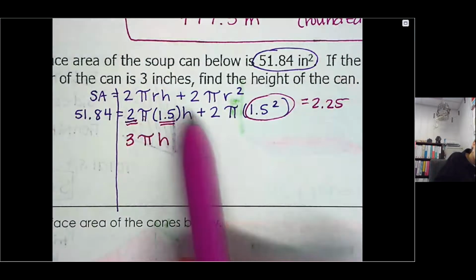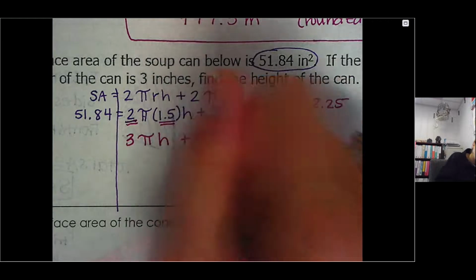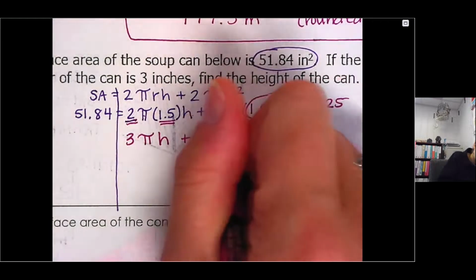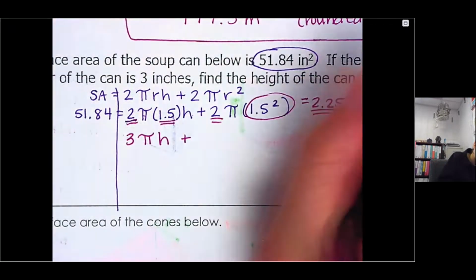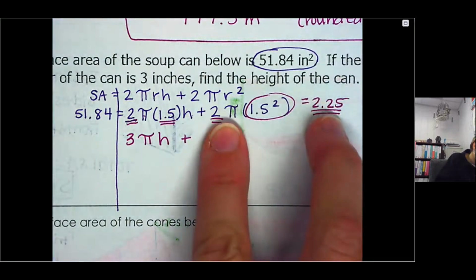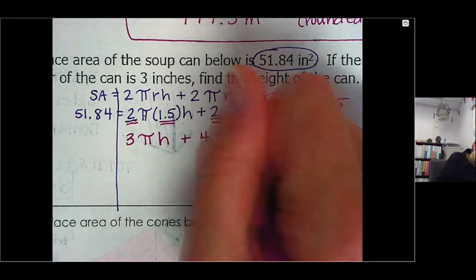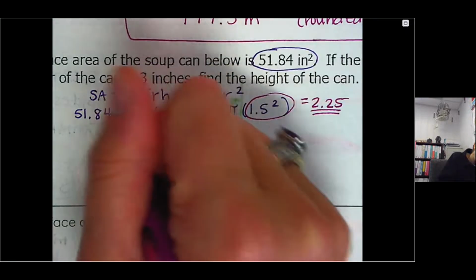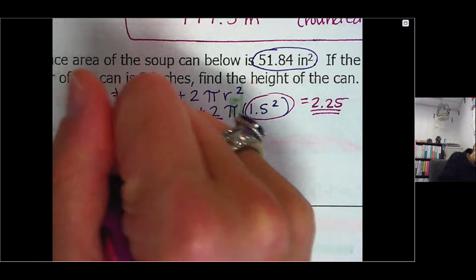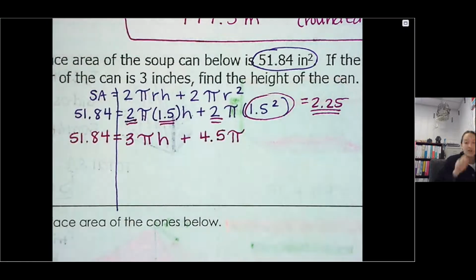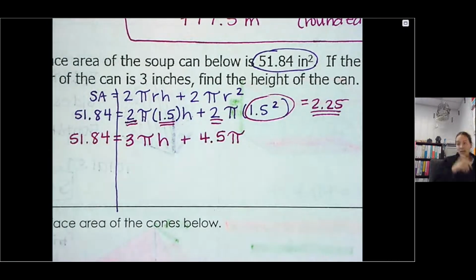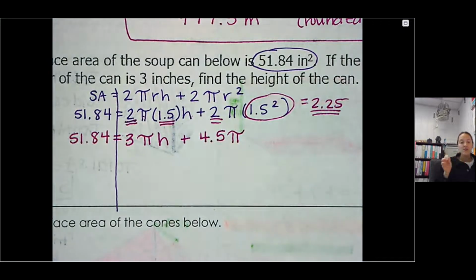Right, I use the pi, use the h, plus, and then I'm going to do the same over here on the right. I'm going to put together the 2 and the 2.25. I'm going to multiply those two together to get 4.5 pi. Leave my surface area.